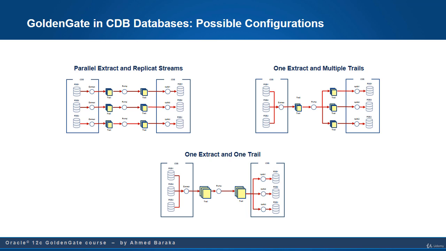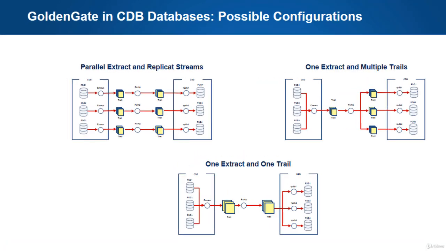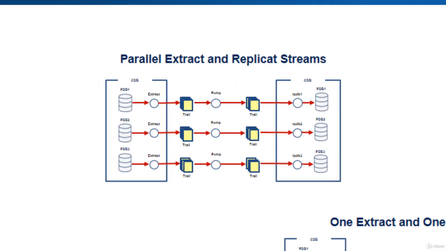Based on our discussion in the previous slide, to configure replication from multiple source pluggable databases to multiple target pluggable databases, we have multiple options. We can configure parallel extract and replicate streams. Each stream is handling data for one pluggable database.